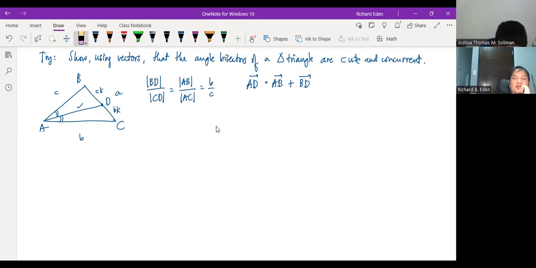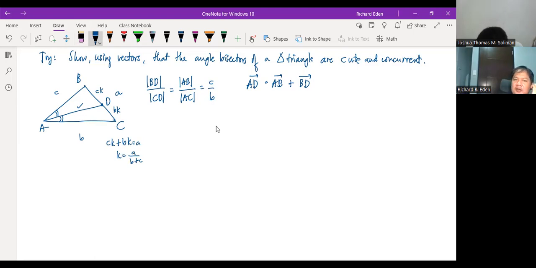Thanks for correcting that. Otherwise, hahanapin natin siya ng error. So C over B, right? But anyway, from the figure, that means CK plus BK equals a. So that means K is a over b plus c.